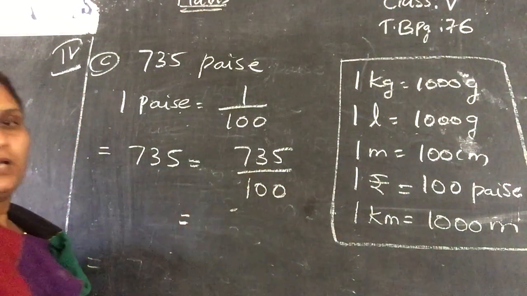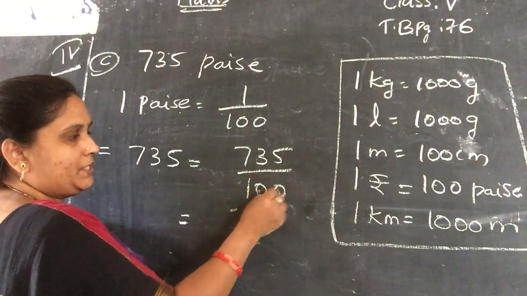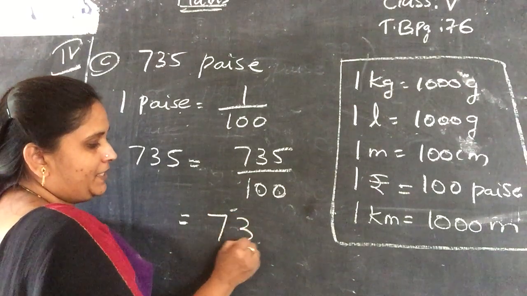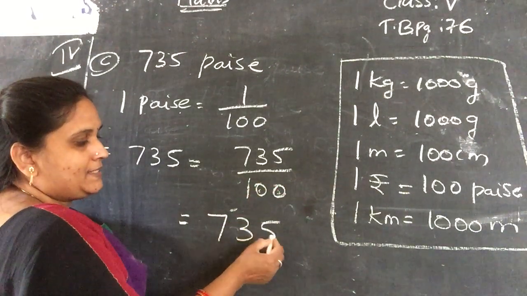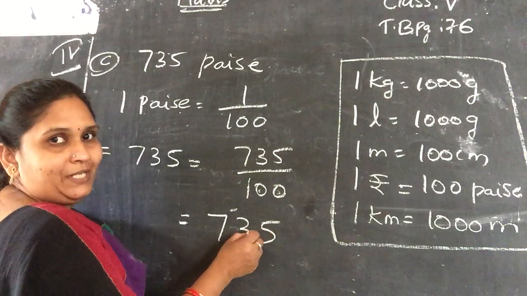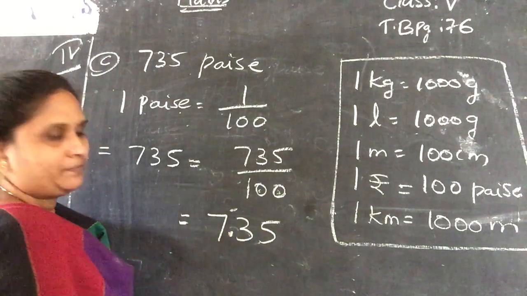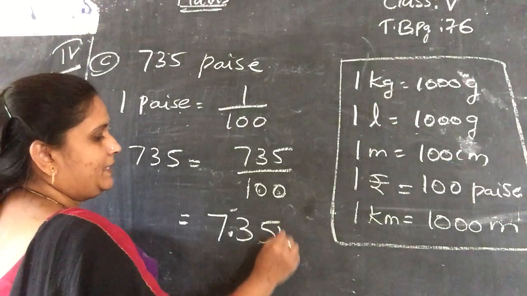Simple, children. How many zeros are there? 2 zeros. So write the same number 735. 2 zeros from the ones place. Leave the last 2 digits and put the dot. 7.35 rupees.